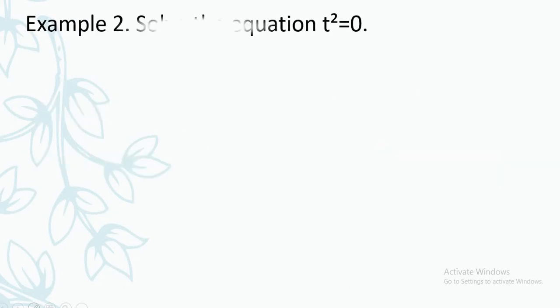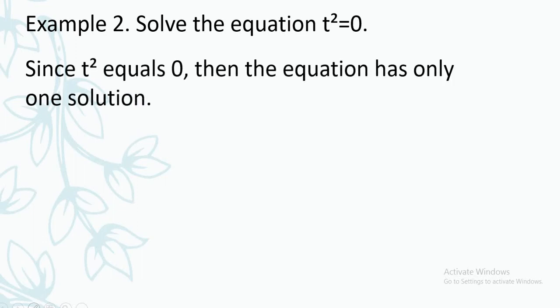Another example here, solve the equation t squared is equal to 0. Since t squared equals 0, then the equation has only one solution. This is what I told you earlier. When our k becomes 0, x squared is equal to k has one real solution, which is 0.